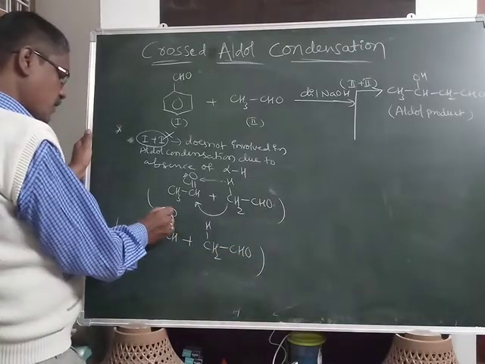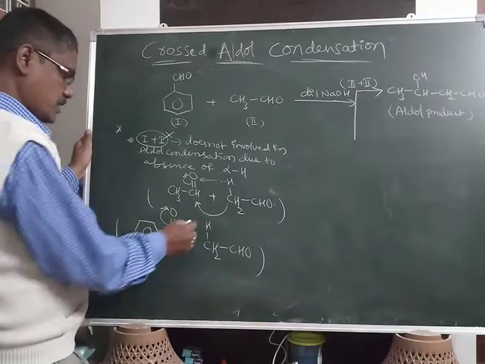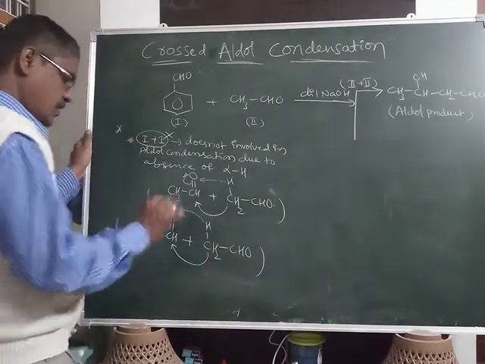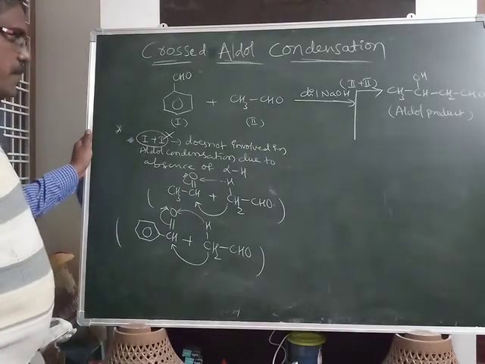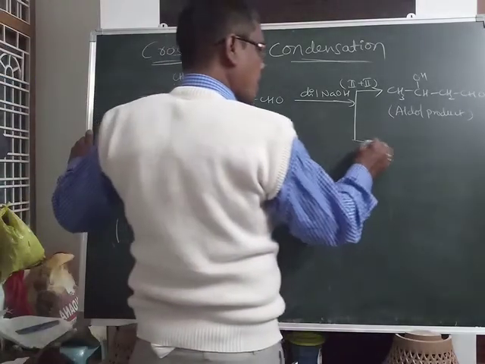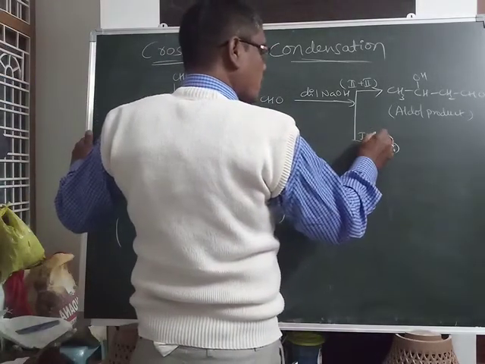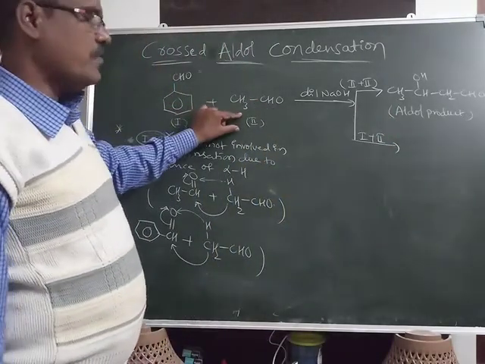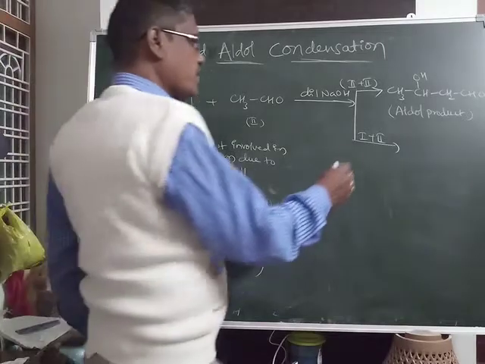By shifting of this towards the oxygen, hydrogen shifted to this side and this one is added to this side. So this is called 1 plus 2 addition. 1 of benzaldehyde and 2 of acetaldehyde will give only this product.